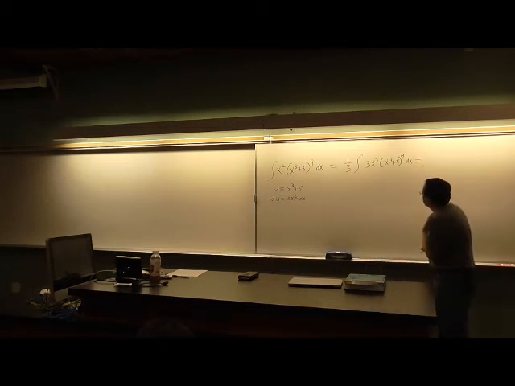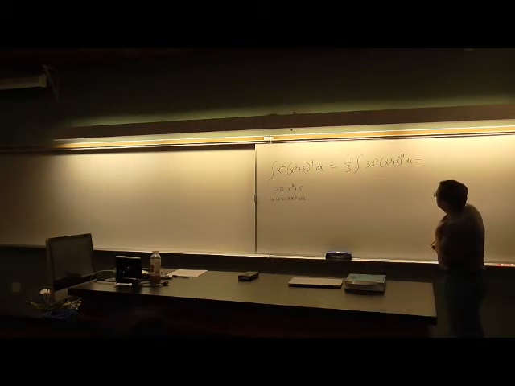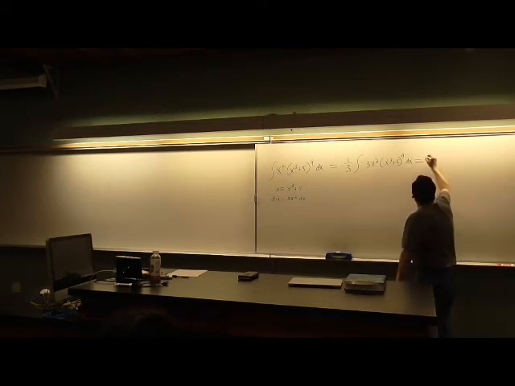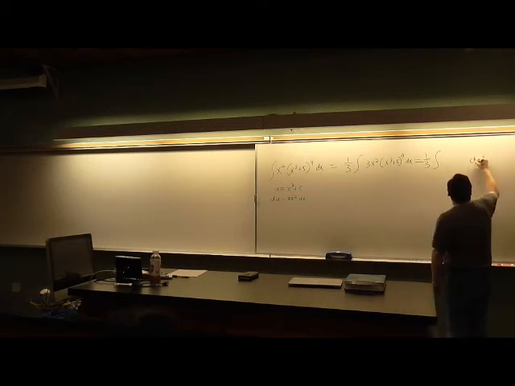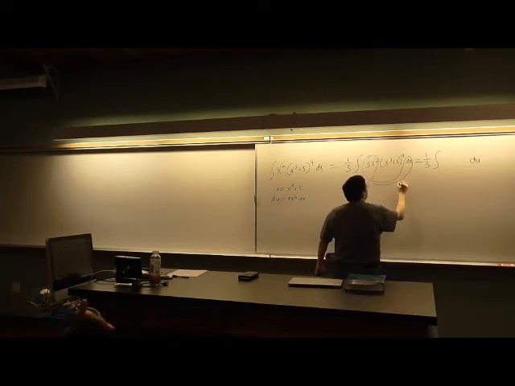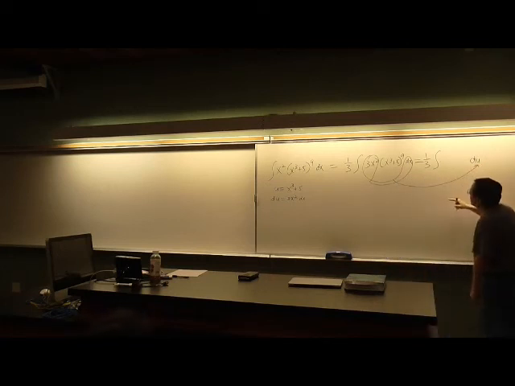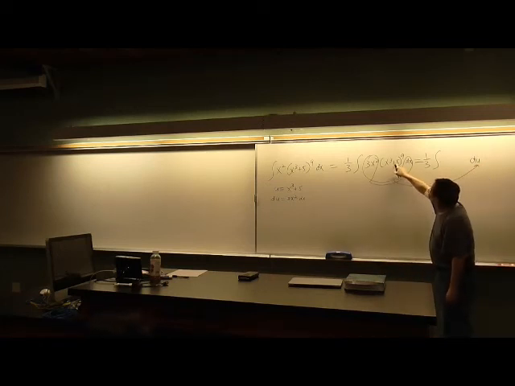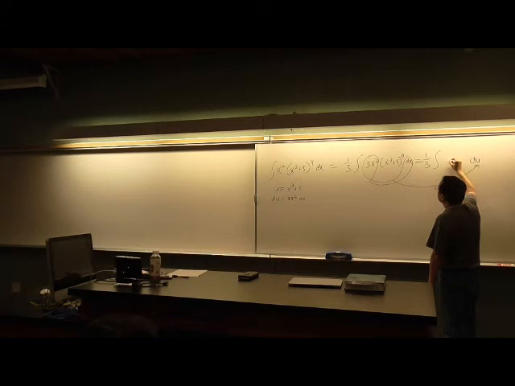So now I'm ready to substitute with abandon. All right, I don't want to forget my 1/3. But 3x squared dx just becomes my du. And x cubed plus 5, that's just u to the 9th.